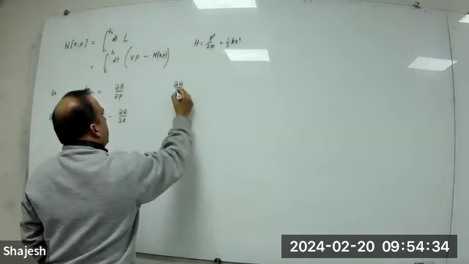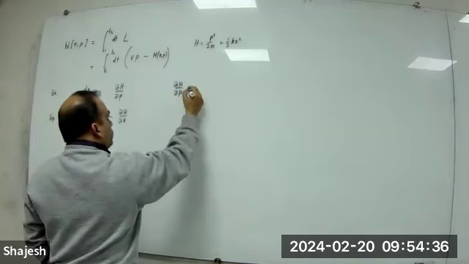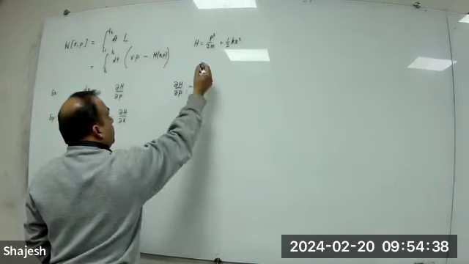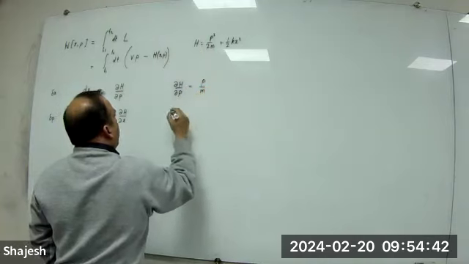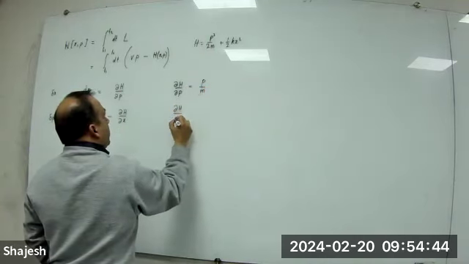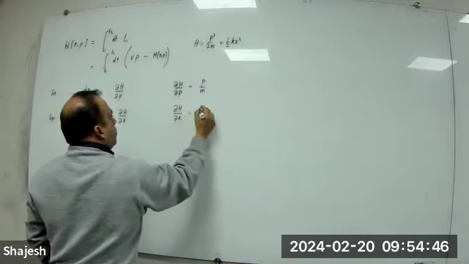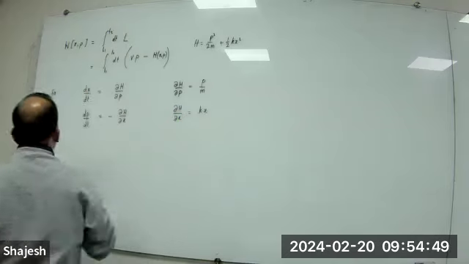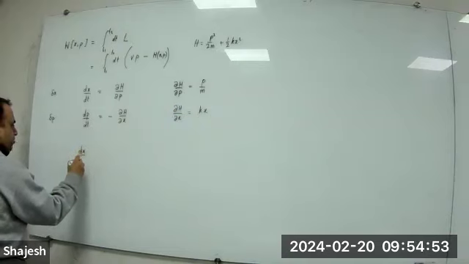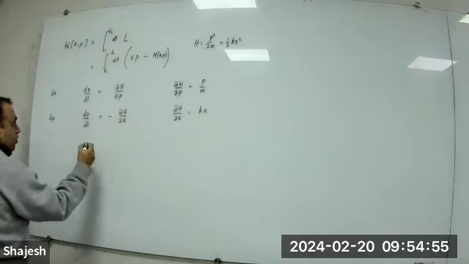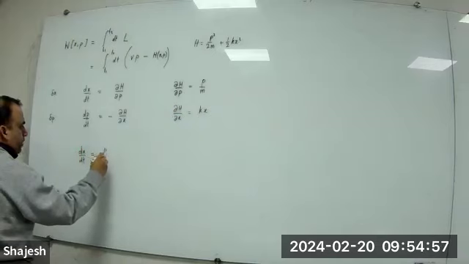The derivative of the Hamiltonian with respect to p is equal to, there are two of them, so that's p over m, and the derivative of the Hamiltonian with respect to x is equal to k times x, right? So the two equations of motion in this particular problem are dx by dt equals p over m.